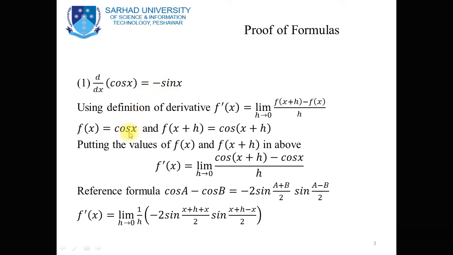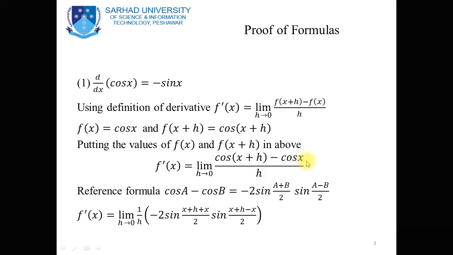Now suppose the function f of x is equal to cos x, so the derivative of the function by using the definition of derivative is limit h tends to 0 of f of x plus h minus f of x divided by h. Now putting these two values in this formula, the value of f of x plus h is cos of x plus h minus the value of f of x, which is cos x, divided by h.